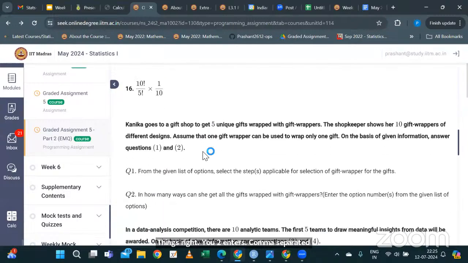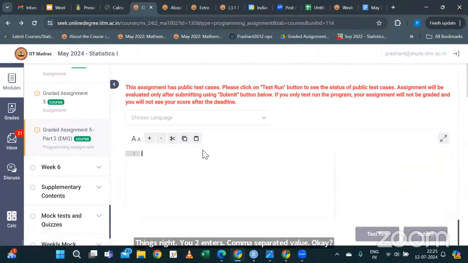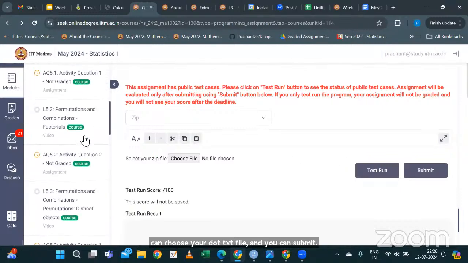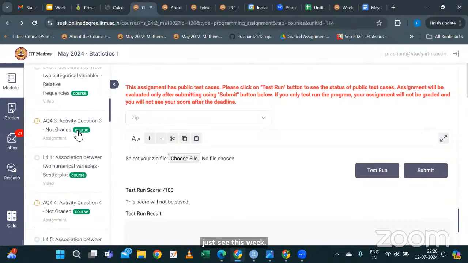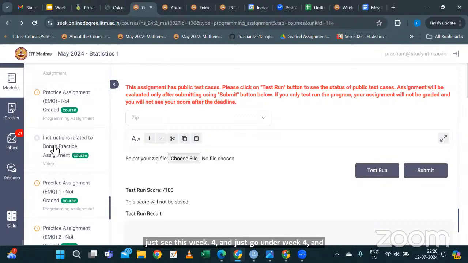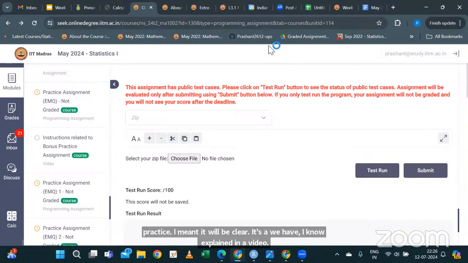At the end you have to convert and submit here. You can do a test run to check whether your file is correct or not. You can select the zip file, choose your .txt file and submit. Just go under week 4 and see the instructions related to bonus practice assignment. It will be clear. We have explained it in a video. Okay, sir. Thank you.